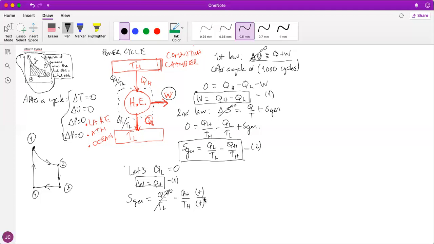But that's for physicists, or maybe for engineers, but later in life. Now, you have a minus over here, so overall, you have a minus.